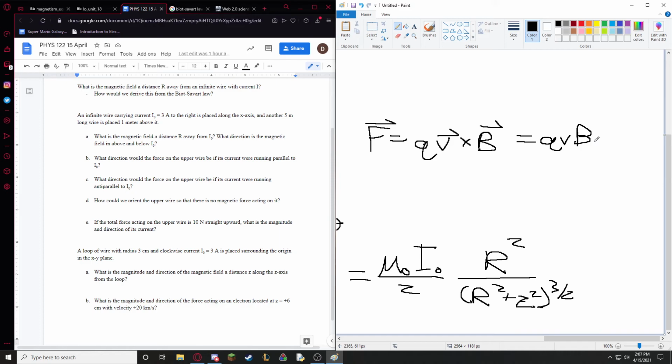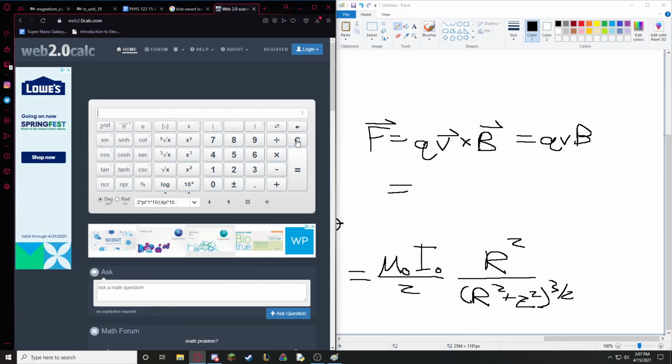That's an angle of 90 degrees, right? So sine of theta is just 1. So we just have QVB. And so then if we want to go ahead and actually plug in our magnetic field, we have QV times mu naught I naught over 2 times r squared over r squared plus z squared to the 3/2. Let's plug it all in.